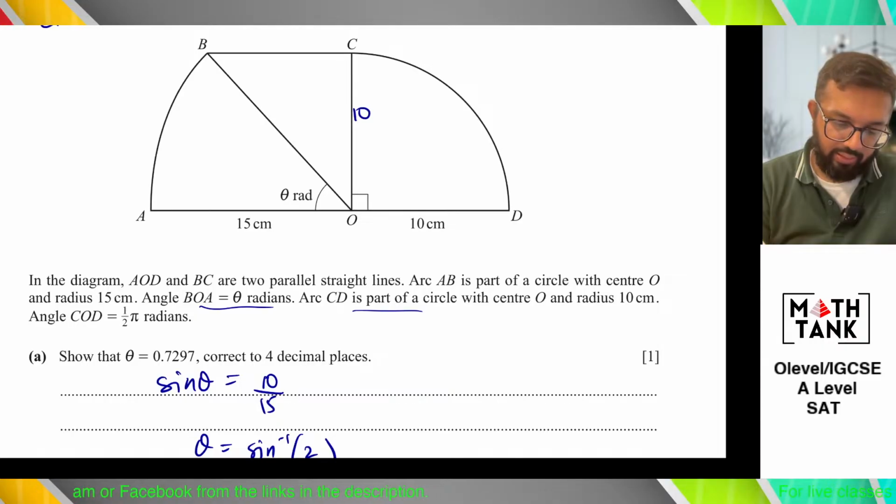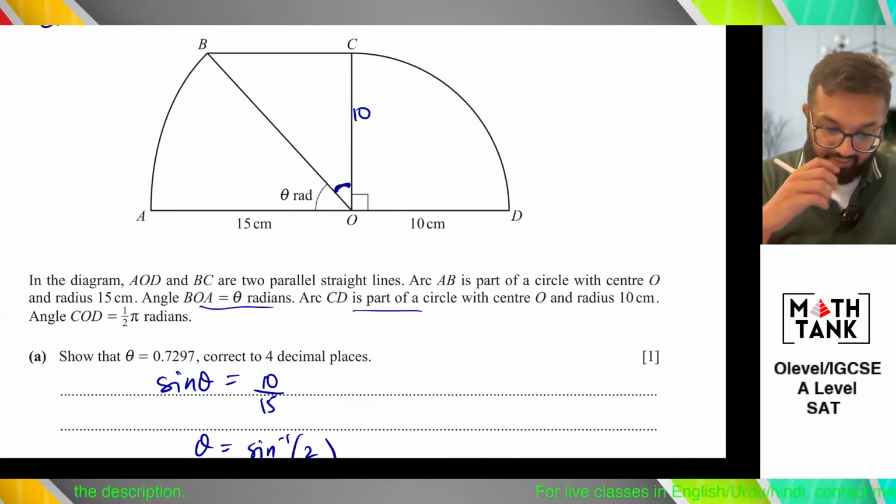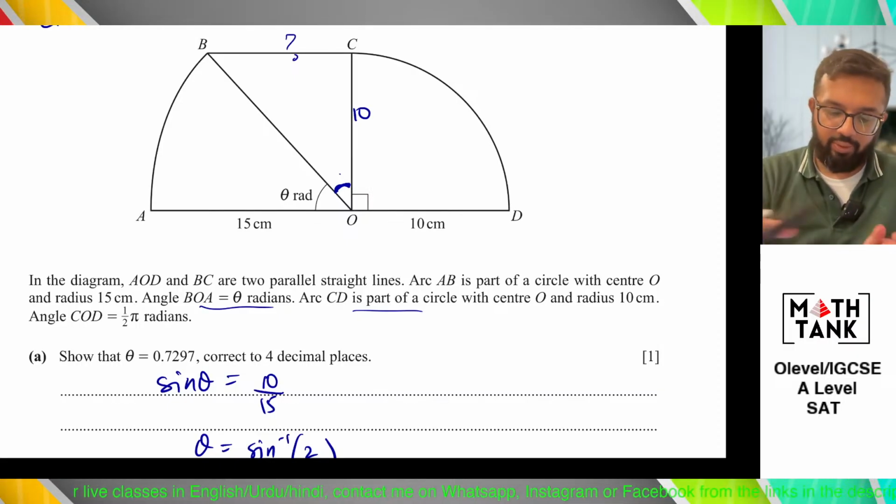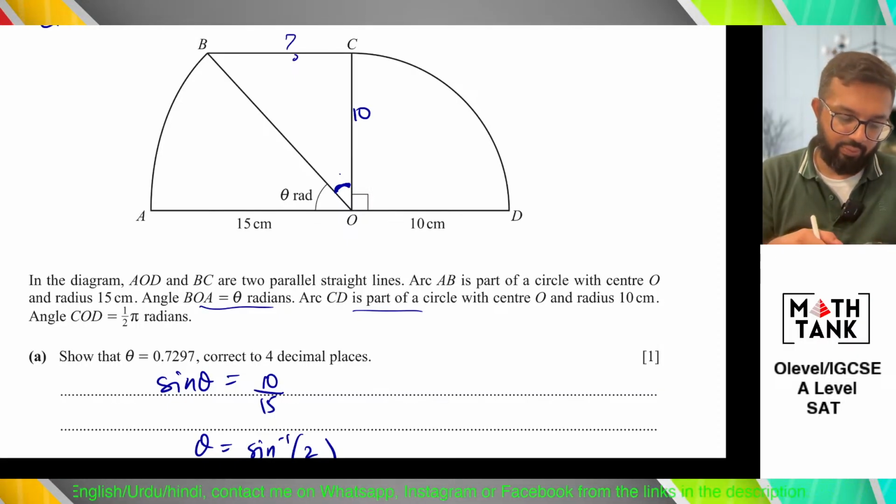Okay, then there's a triangle in the middle. I will certainly need this side, so I should take out this angle first. That angle is going to be pi over 2 minus 0.7297 over 2.